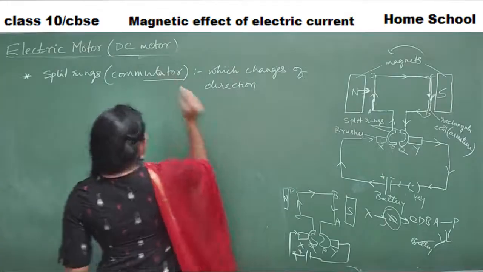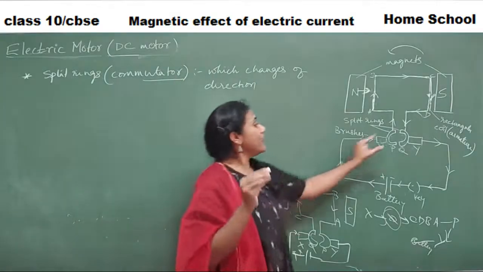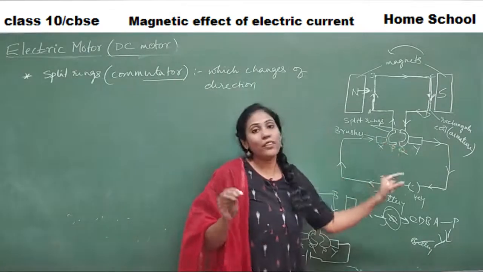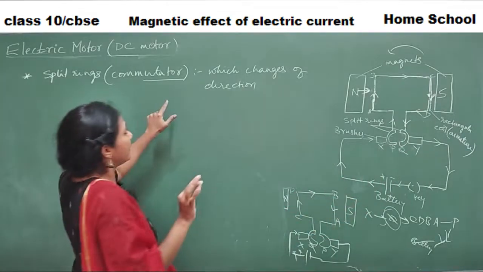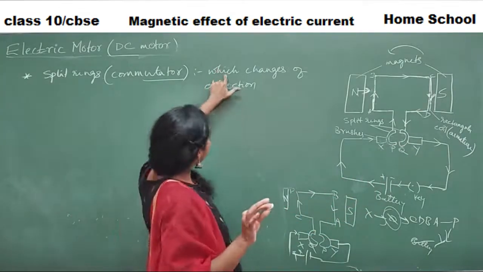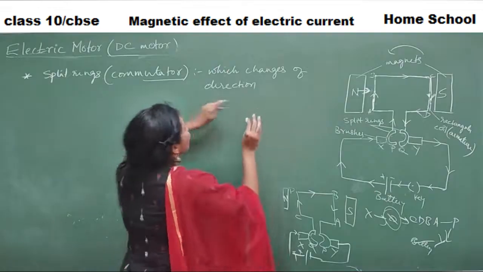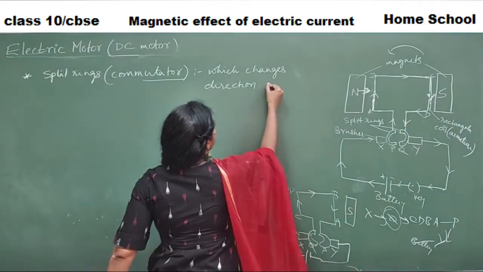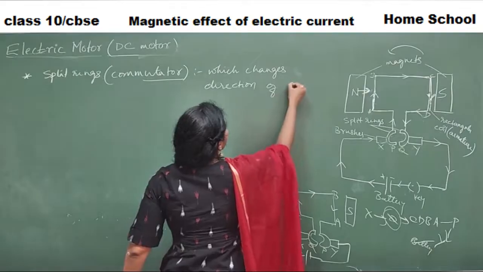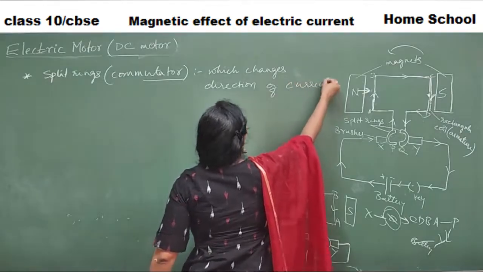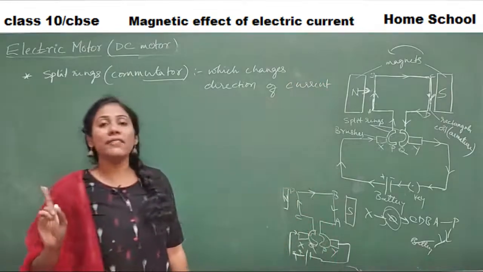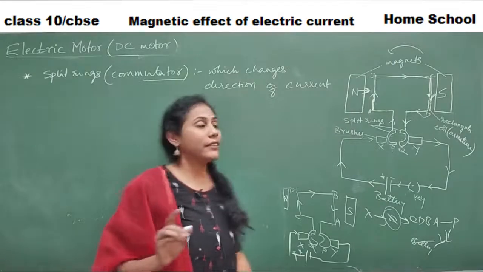So such a thing in a motor is called a commutator. That's why I wrote commutator is the one which changes the direction of current. So here the split ring can also be called a commutator.